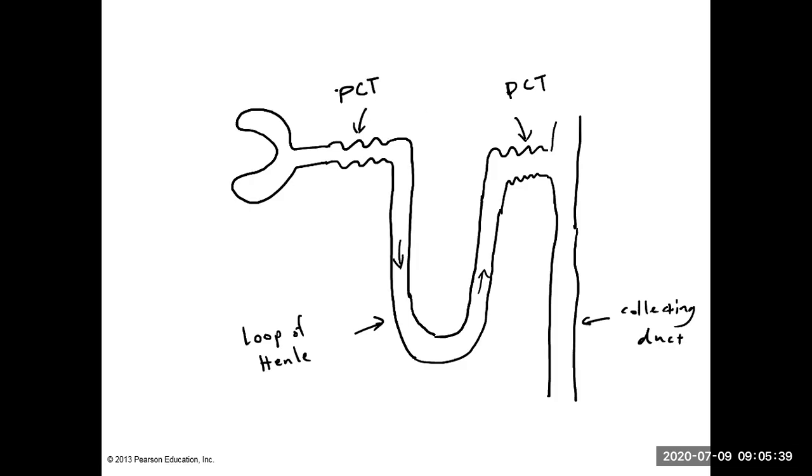So remember, this one is D and this one is P. And this part right over here we mentioned is Bowman's capsule, also known as glomerular capsule.